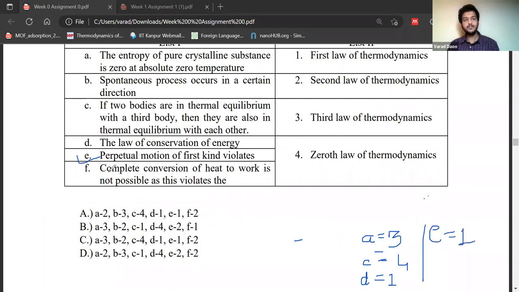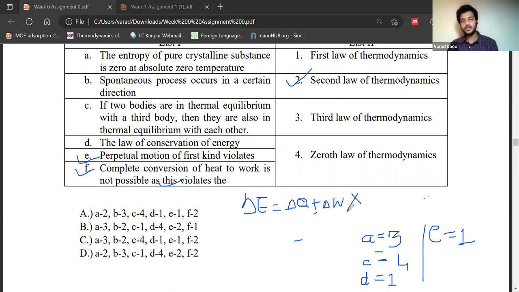Then, like I said, complete conversion of heat to work is not possible, as this violates the second law, right? Because the first law tells us that delta E is equal to delta Q plus minus delta W, which basically tells us that heat and work both are forms of energy, and we can convert heat into work and work into heat. Both are interconvertible.